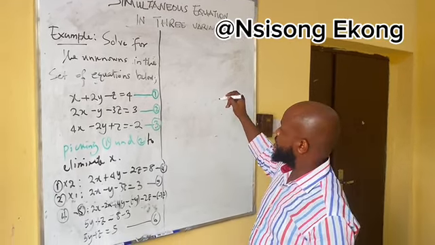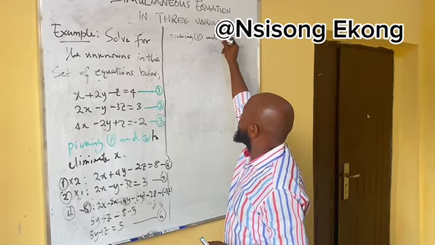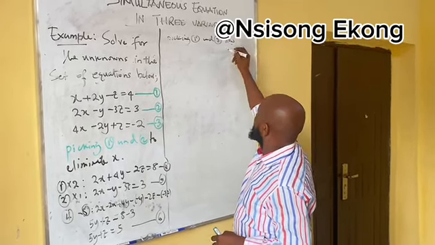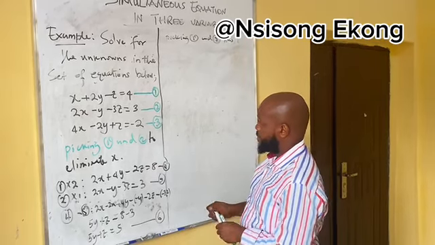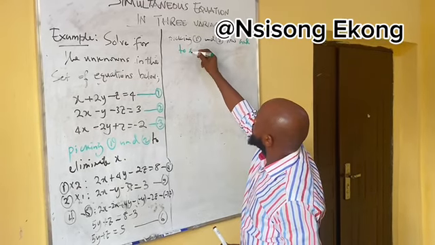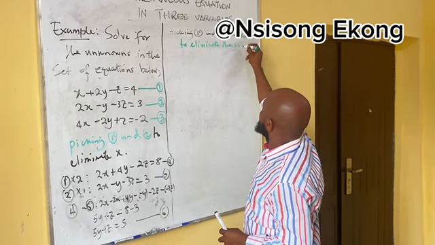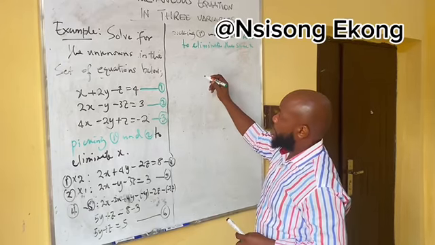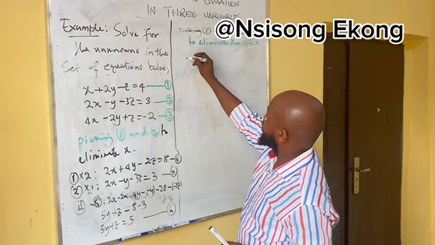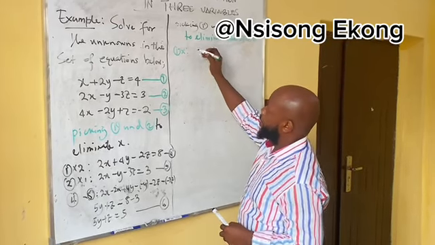So if we pick 1 and 3, and to eliminate the variable x, we now have to multiply equation 1 by 4.